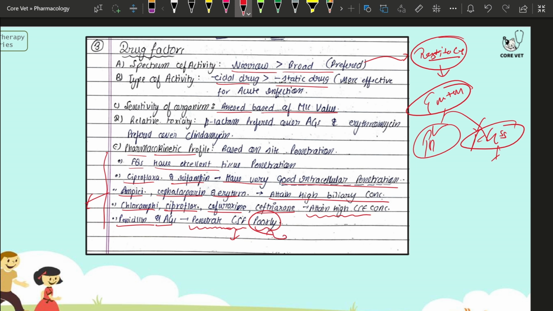So if you are treating a patient with an issue in the cerebrospinal fluid, you're targeting the cerebrospinal fluid, so obviously you're going to prefer chloramphenicol, ciprofloxacin, and cefuroxime over penicillin and the aminoglycoside. Why? Because penicillin and the aminoglycoside show poor penetration in the CSF.